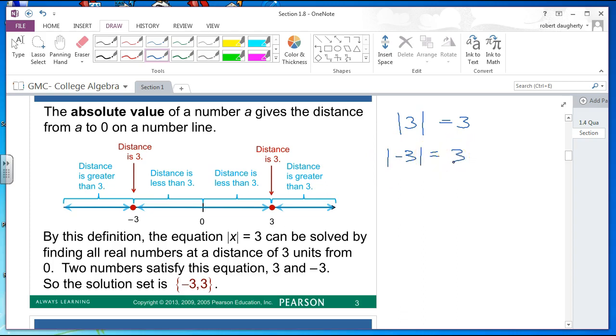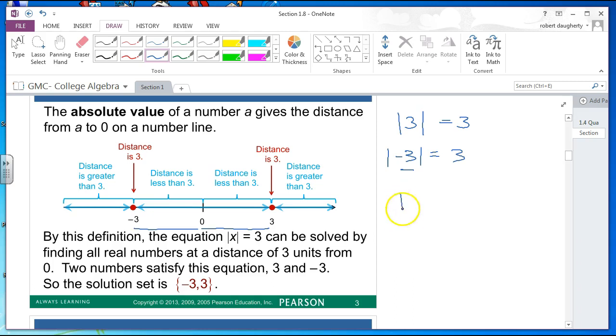So this is the distance from 0. The number 3 is 3 units away from 0. The number negative 3 is also 3 units away from 0 in a different direction. So when you think of absolute value, it's always positive, it represents distance.